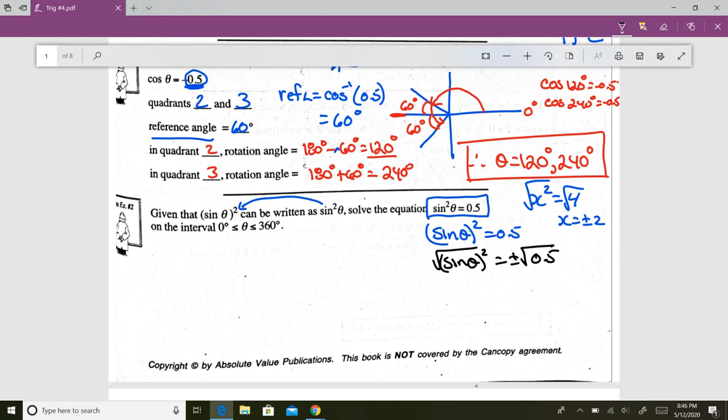So the square root of sine squared is just sine. Square root of 0.5 is, what is the square root? 1/4. No, it's 1 over root 2, sorry. If you want a decimal, it's going to be 1 over root 2, but you'll see how I know that later on.